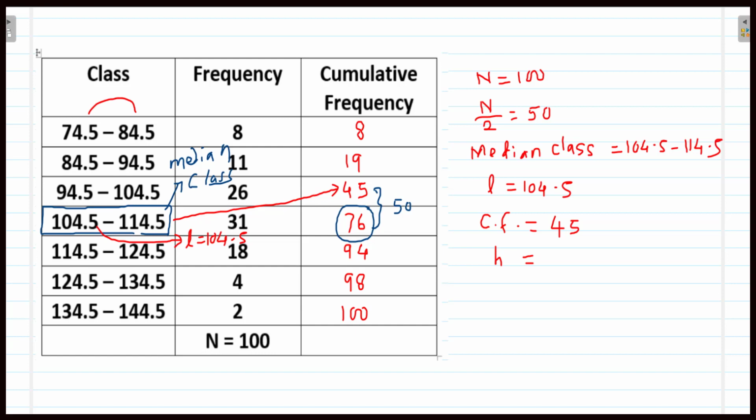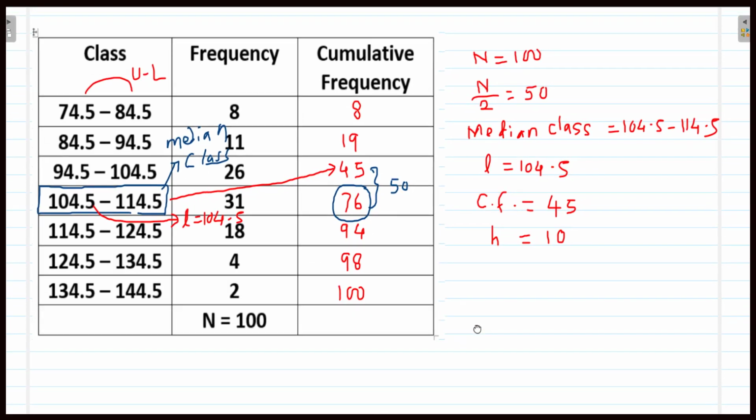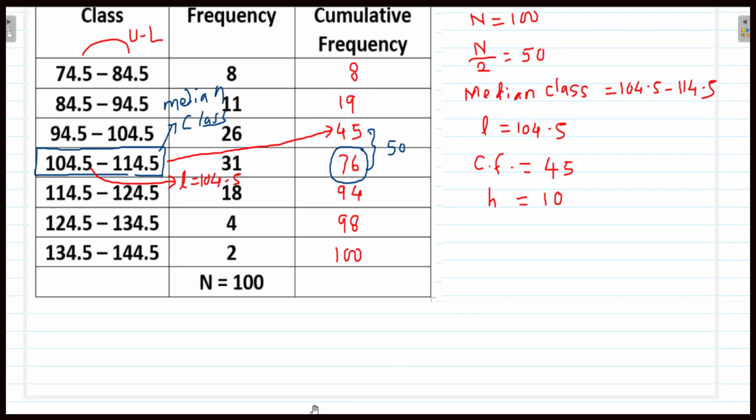It is 10. The height of the class is the difference between the upper limit and the lower limit. So here the difference is 10 and so h will be 10. Now we have got everything and now we will use the formula to find the median of the given data.